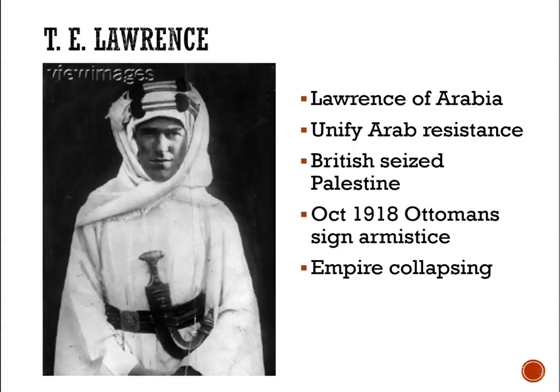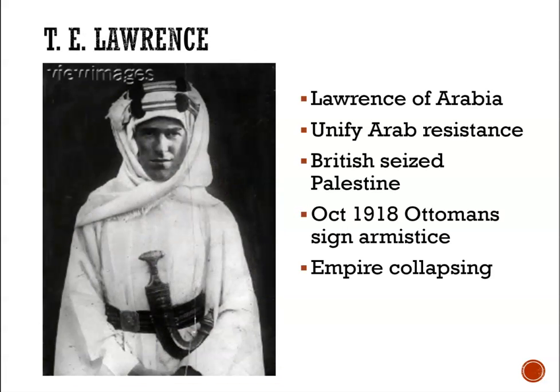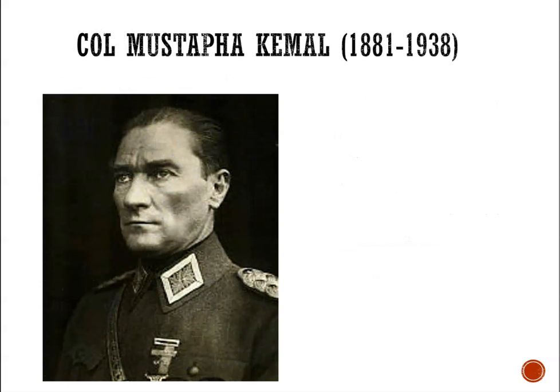Well, the empire is collapsing, and the Ottomans will sign an armistice in 1918. And by the way, much of what Lawrence tells them, promises them, I think he really believes they'll get, but they do not. They do not get independence.